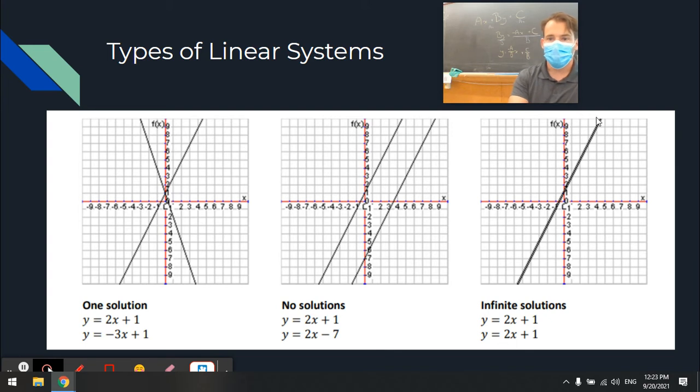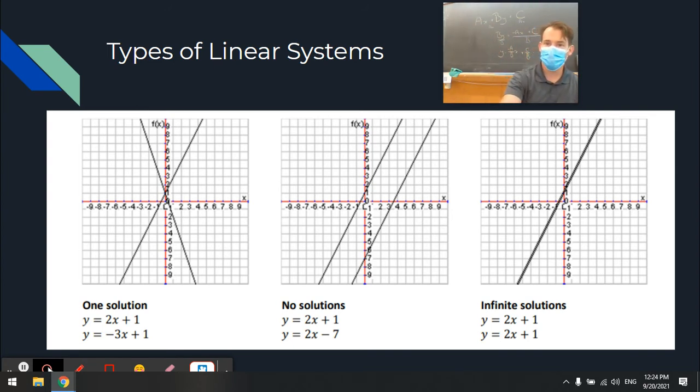So these are the three and the only three situations you can have when you have two lines. They either meet at one and exactly one point, or they never meet, they're parallel, or they are the same line and touch everywhere. So you have these three options.